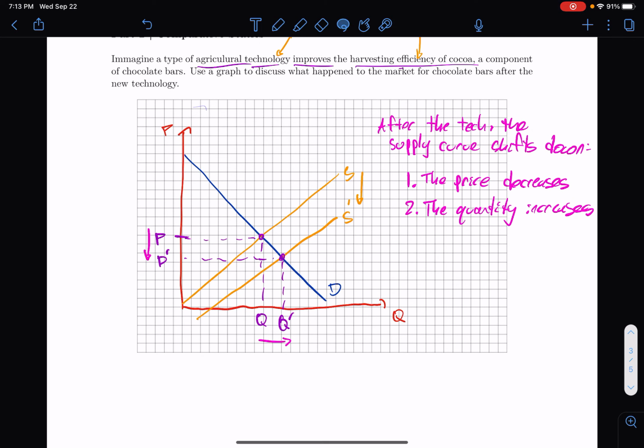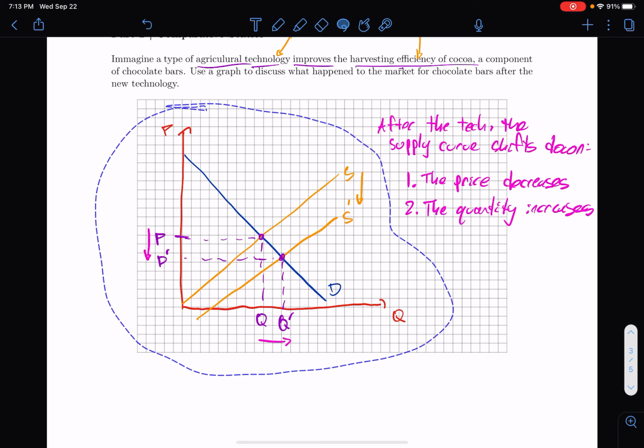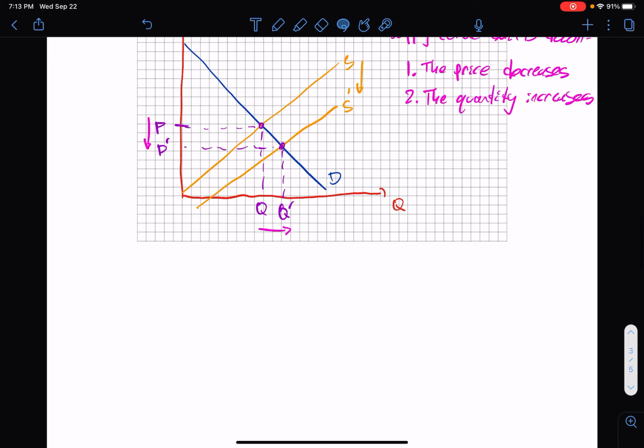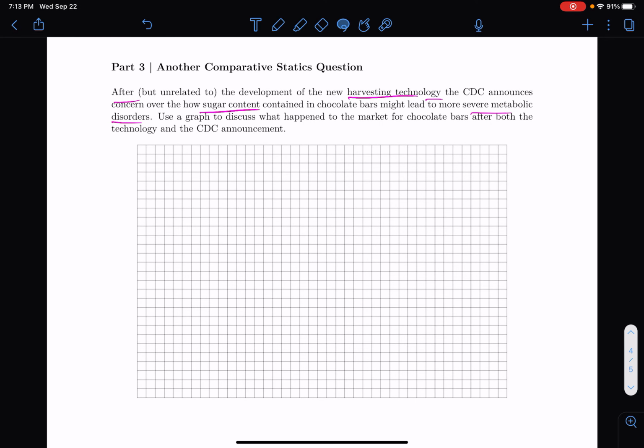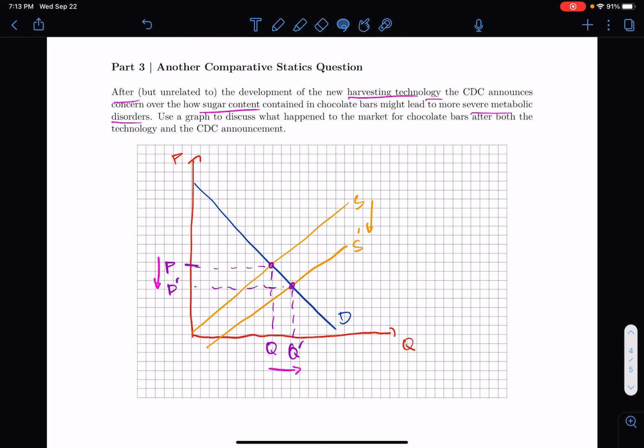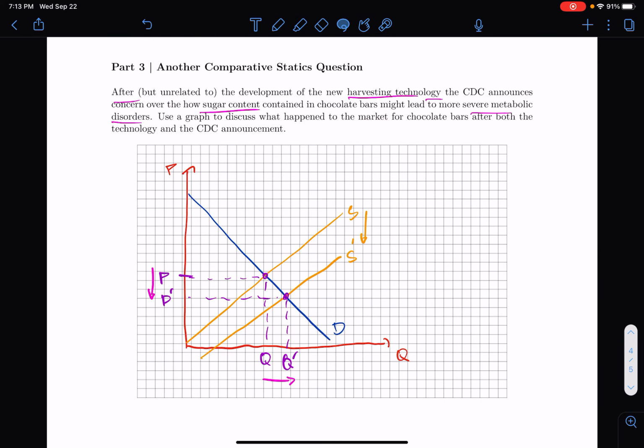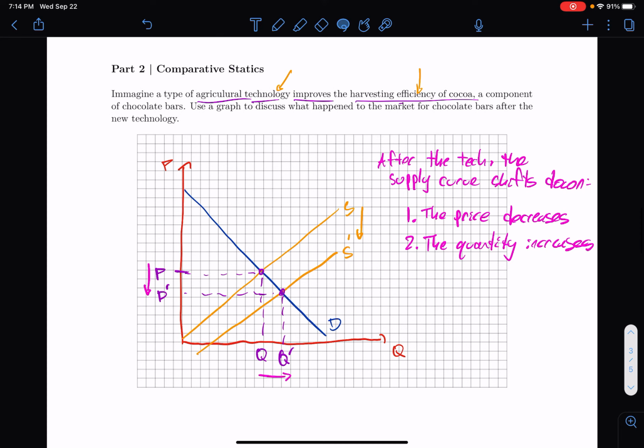So what I'm going to do is actually just take this and copy it down. And if you were presented with a question like this, and you didn't have this type of technology, being able to copy and paste, I wouldn't be opposed to you referring back to the first part here and just overlaying your answer on top of your first graph, if you wanted to save some time.